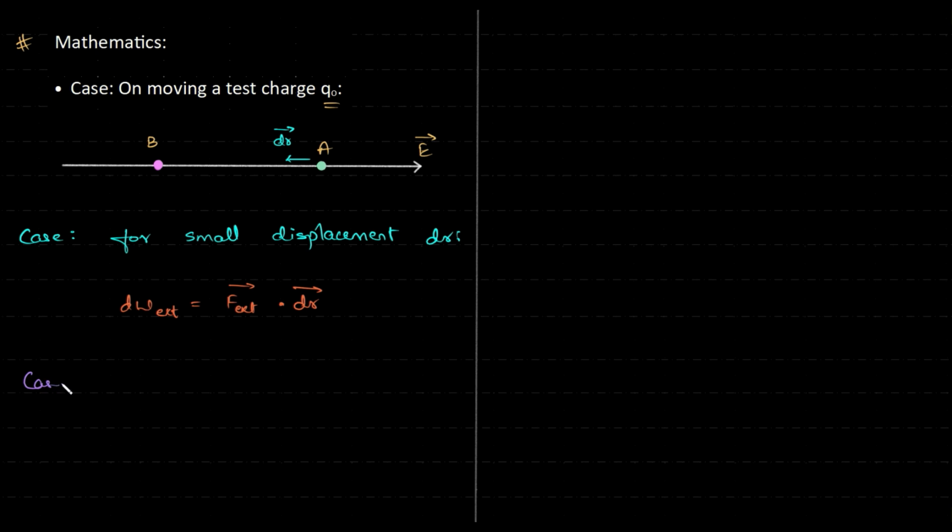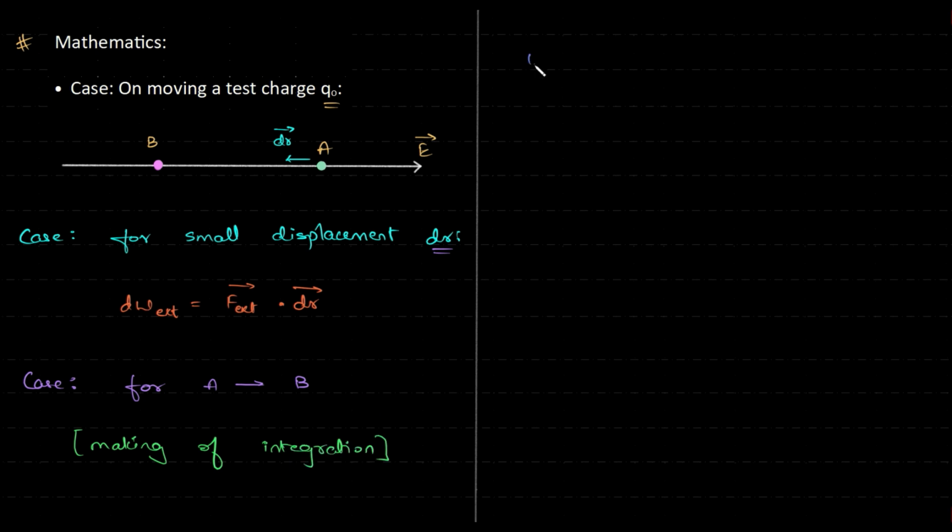Now, this is for a small displacement dr. What if we move the charge from point A to B, the entire length? How will we find the answer? Yes, to do this, we have to make use of integration.